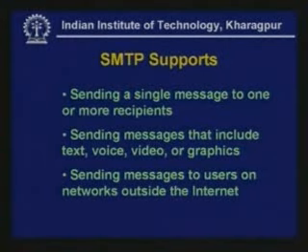We can also send messages to users on networks outside the internet. Actually, this is becoming less important by the day, because the internet is sort of swamping all other types of network. But when SMTP came into existence, many other types of networks, not just TCP/IP networks, were also in vogue.